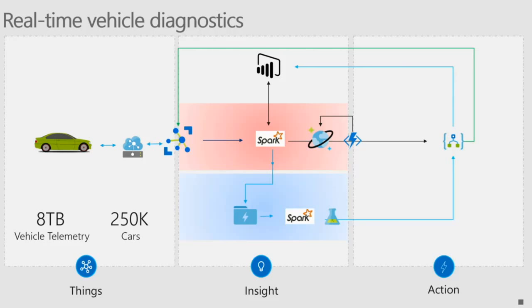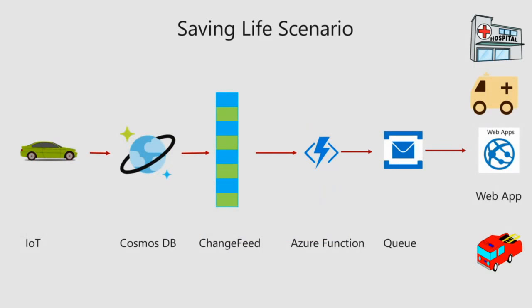Now I will take this architecture, as you can see, and simplify it this way. Imagine we have a company which is providing this service. If you are in the car, you can press this SOS button, like most of the cars have now, which will send the data to your center, and the data comes directly into Cosmos DB.